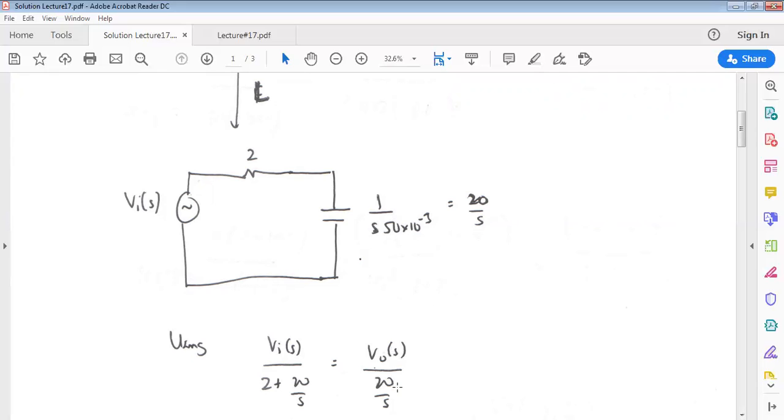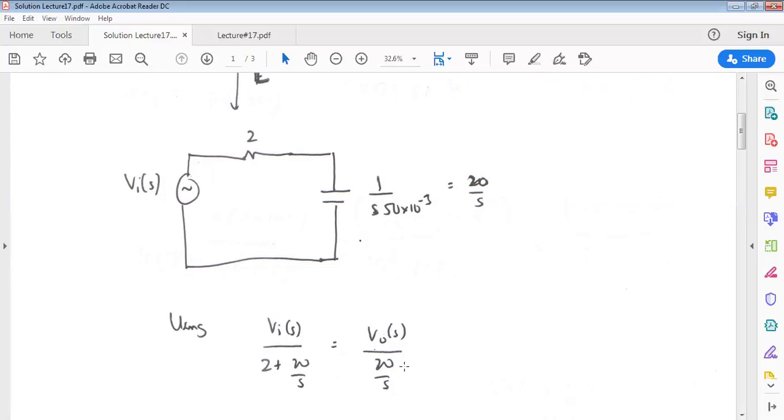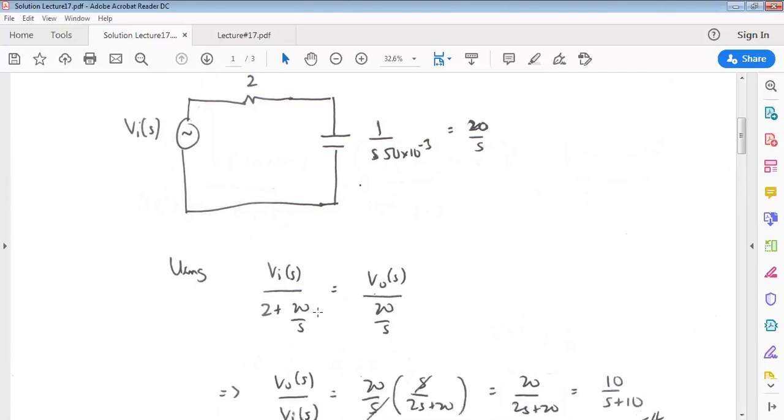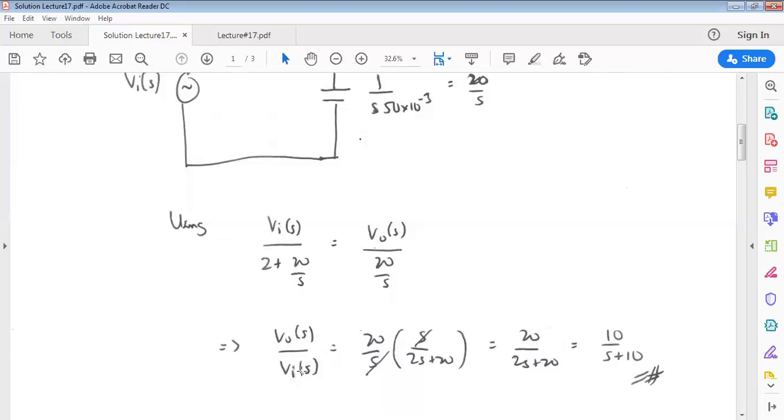From this relationship, we can then calculate the transfer function, which is the ratio of the output voltage over the input voltage. So H(S) is V naught S over VIS, which equals this calculation, and we end up with 10 over S plus 10. So this is the transfer function of the filter.